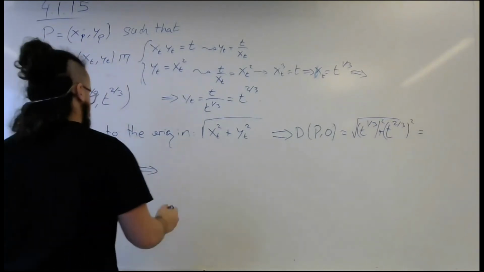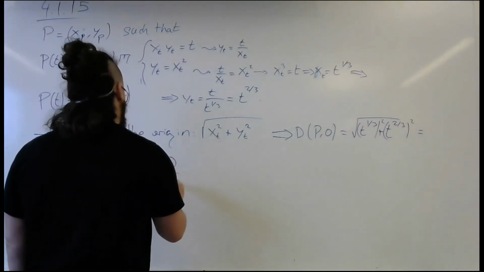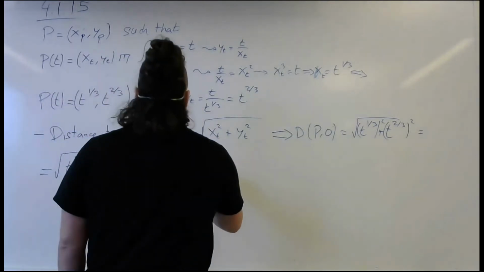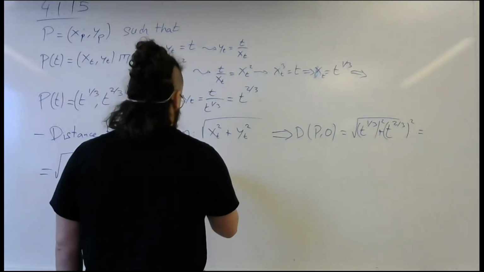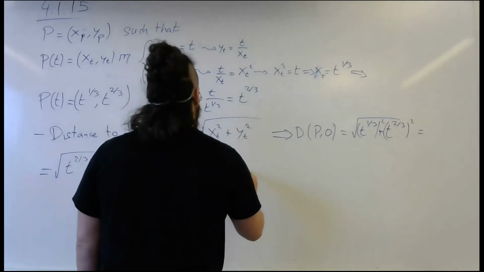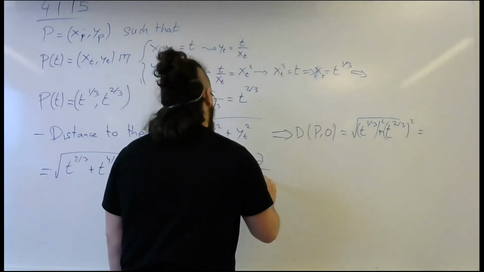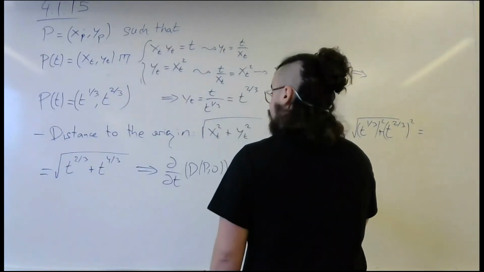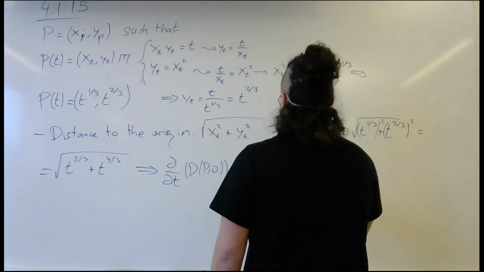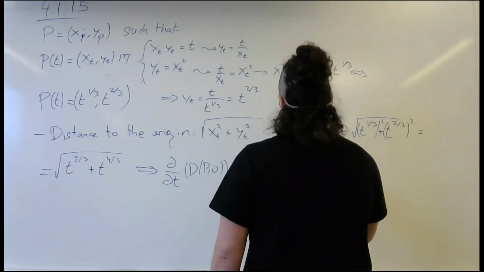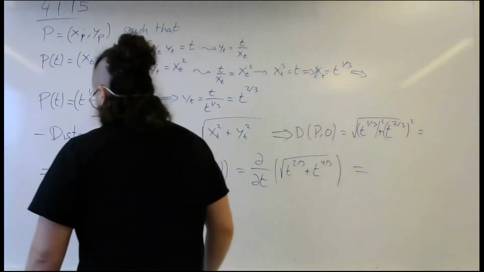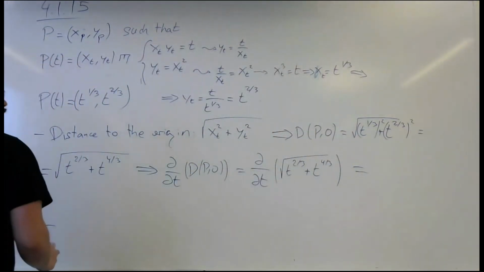So the change rate is the derivative with respect to time of the distance, obviously, is the derivative with respect to time of the square root of t to the power 2/3 plus t to the power 4/3. Now, what is this?